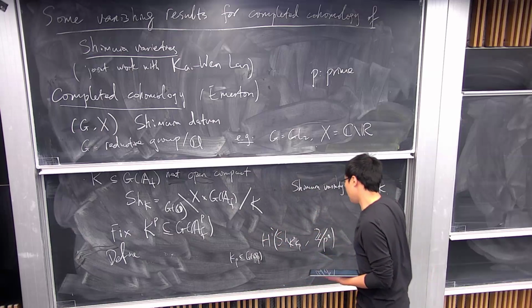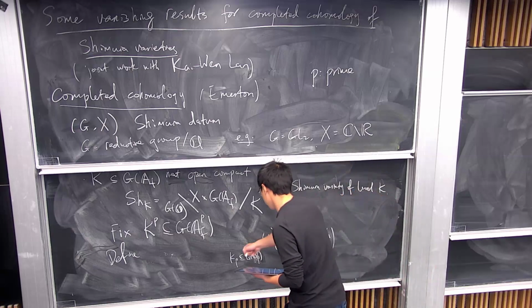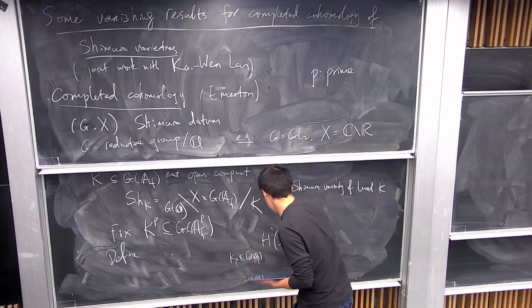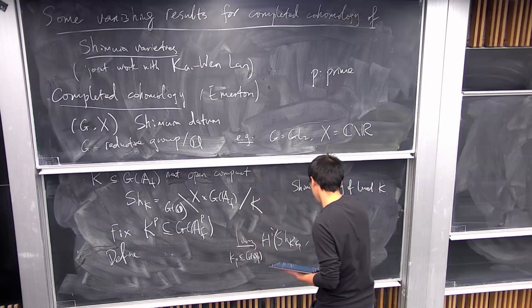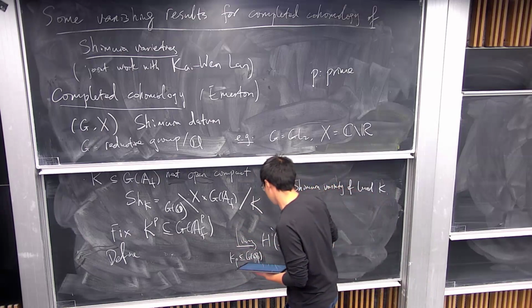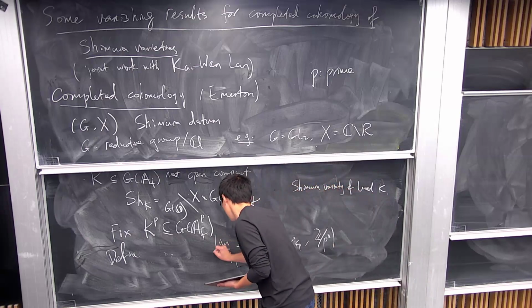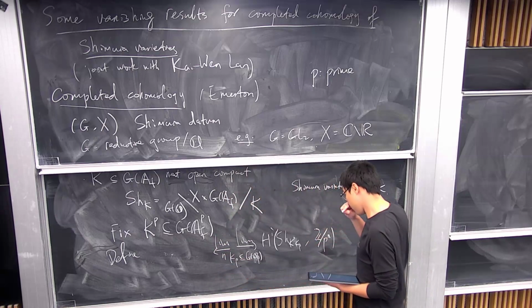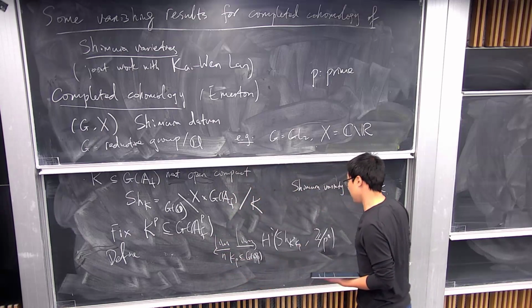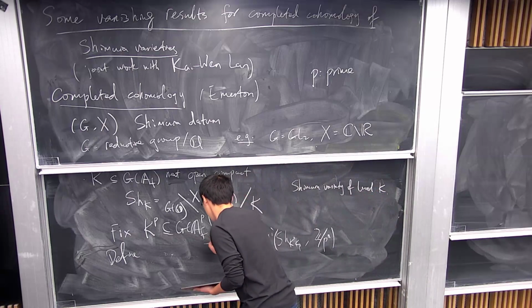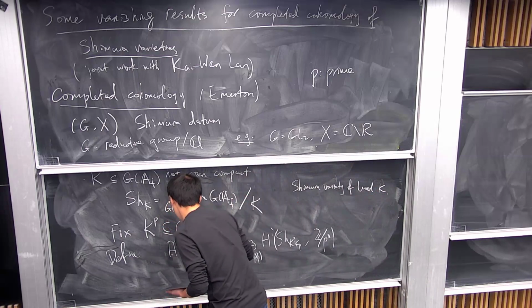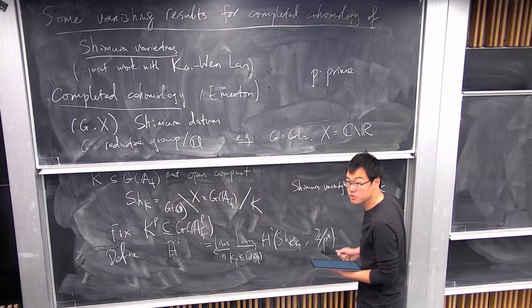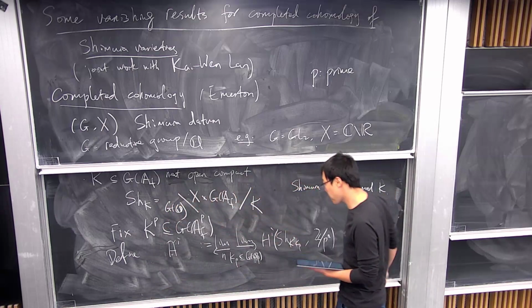The idea is you first take the direct limit over the levels at p, then you take the inverse limit over n. And this will be denoted by H^i, and it's the completed cohomology of tame level K^p.